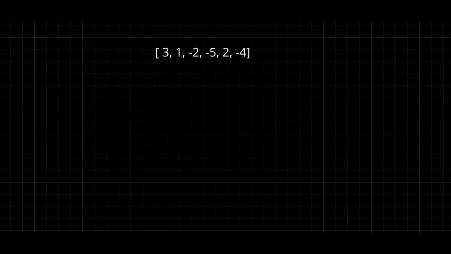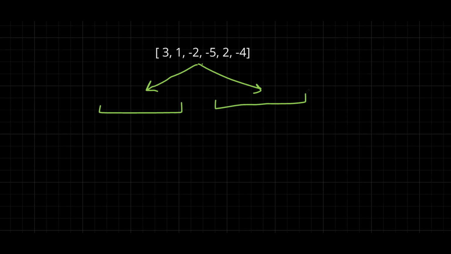Now, to understand the algorithm, we have taken the first example. Here, the first example has 6 elements, which is 3, 1, -2, -5, 2, and -4. Now, to solve this problem, let's take two individual arrays. In the first array, we will store all of the positive numbers in a given order.